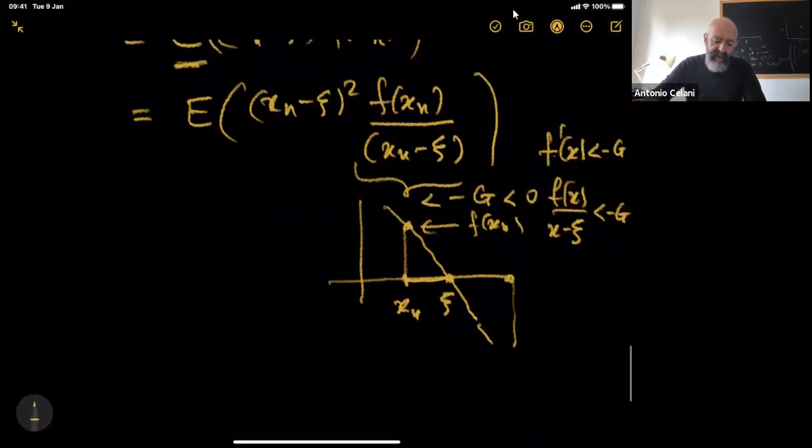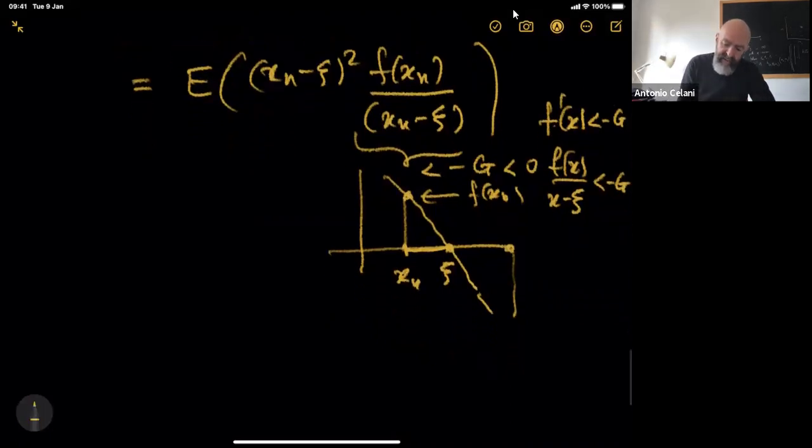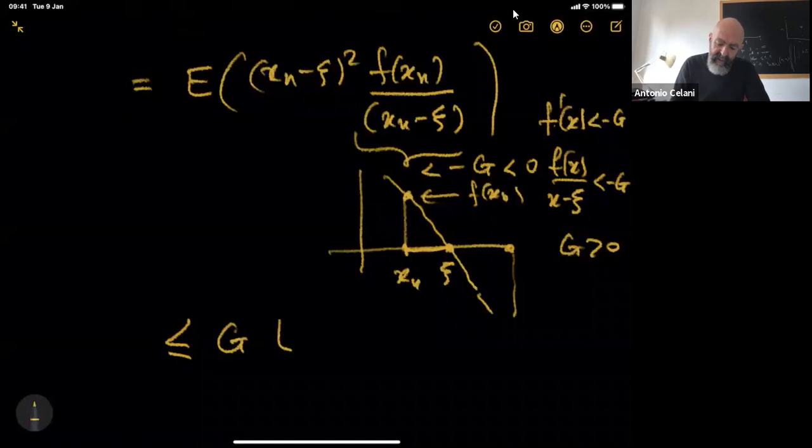And if I combine all this together, this means that this average here is also smaller or equal than capital G, which is positive, remember. It's the modulus of the derivative, maximum derivative. This is more than the expectation of xn minus psi squared. And that's it.